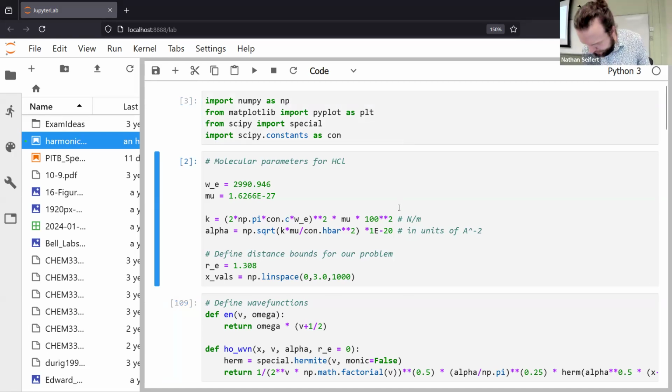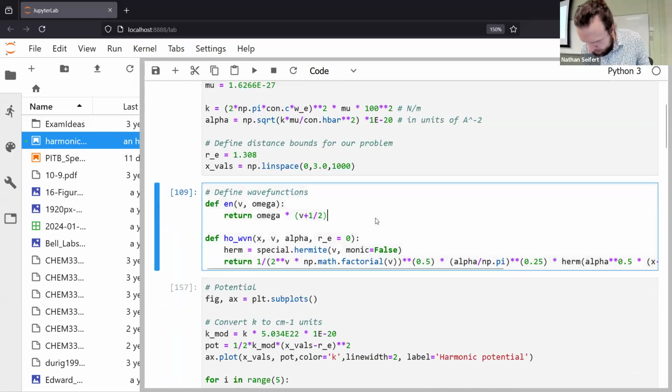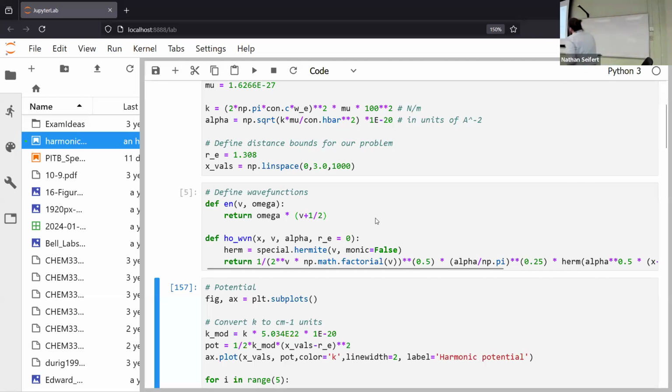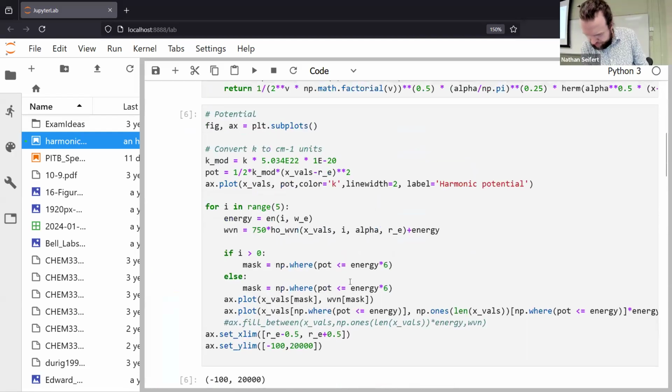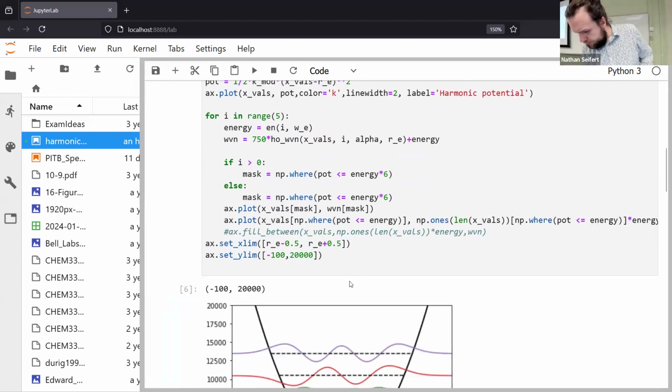And then what I have here is a couple of functions that calculate the energy of a given state v, and also the harmonic oscillator wave function for that state. And what I've built is a little script that takes the first 5 wave functions of the harmonic oscillator and plots them at their energies inside of the potential.